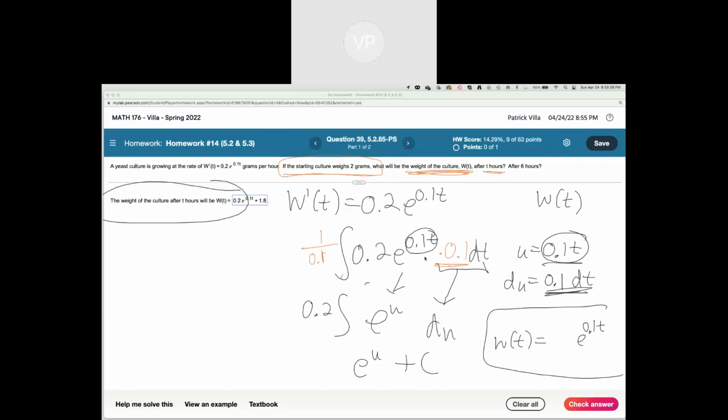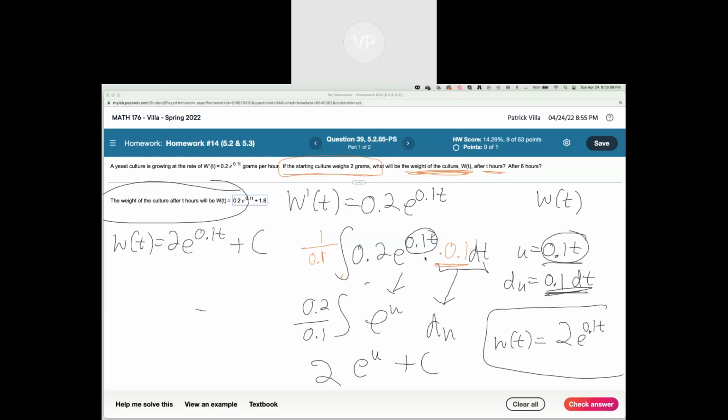So when we do that, this 0.2 comes out and is divided by the 0.1, which essentially is a 2. So that's our problem. It's actually going to be a little easier in this step. So W of t equals 2e, and I'll replace the u with the 0.1 t plus c.